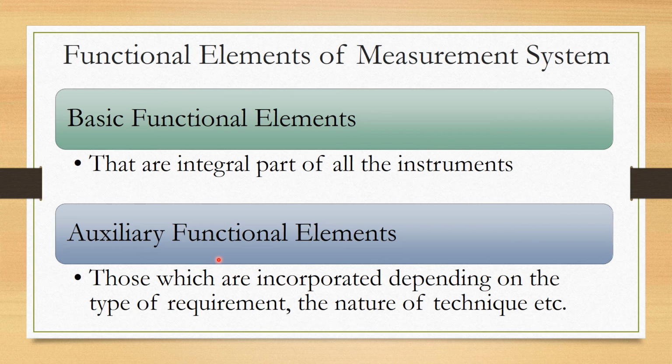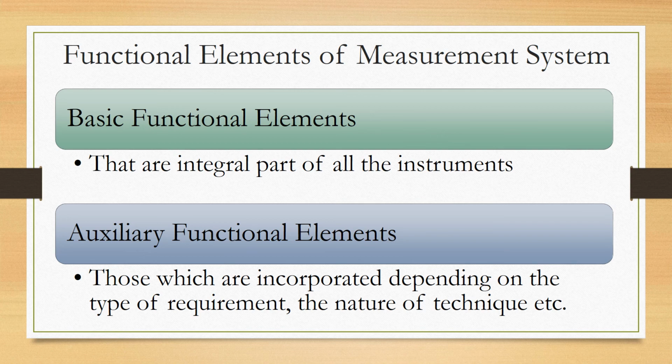For example, suppose your instrument is giving you analog output and you want digital output. So you can connect some auxiliary functional element that will convert the analog output into the digital one. So this is the use of auxiliary functional elements.